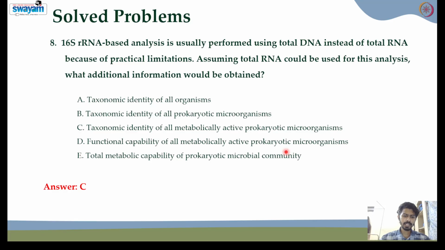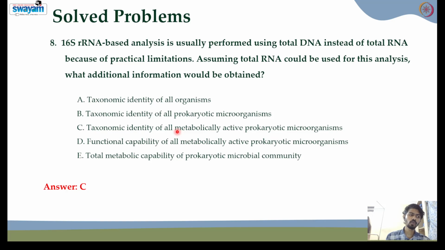Whereas total metabolic capability of a prokaryotic microbial community requires functional genome analysis, not 16S rRNA sequencing. That's why with additional total RNA, we could identify the taxonomic identity of all metabolically active prokaryotic microorganisms.